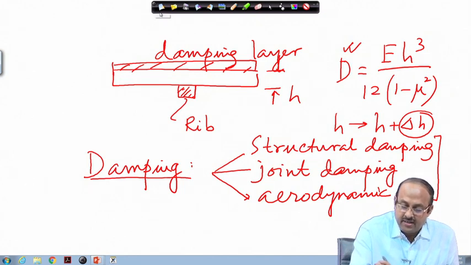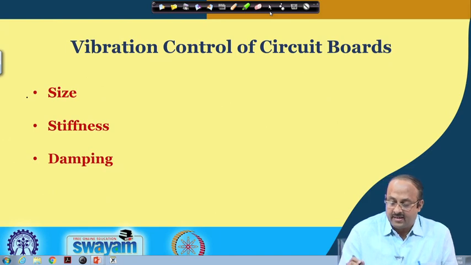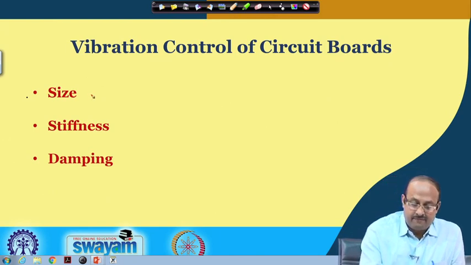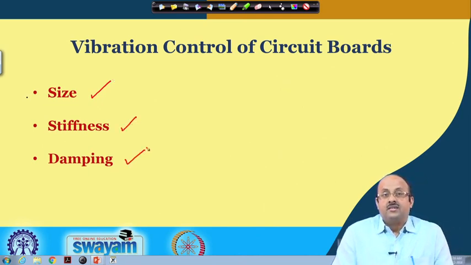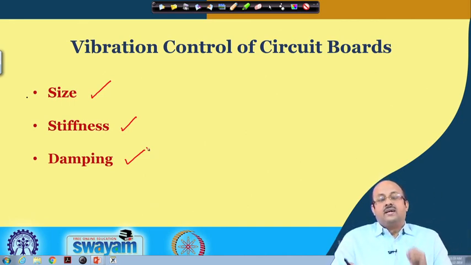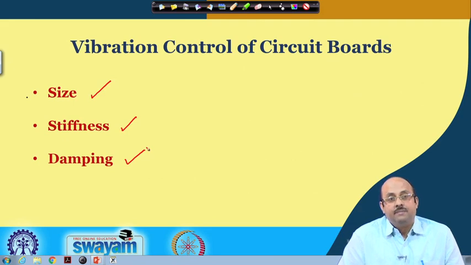So now we come to this point: we have the effect of the size, the stiffness and the damping. This damping is important, but at the same time we have to remember that damping also enhances heat generation, because damping means that energy is dissipated from the vibrating structure, but where does it go?